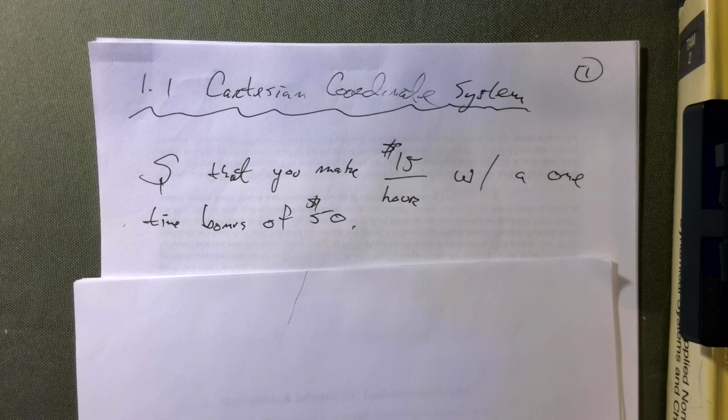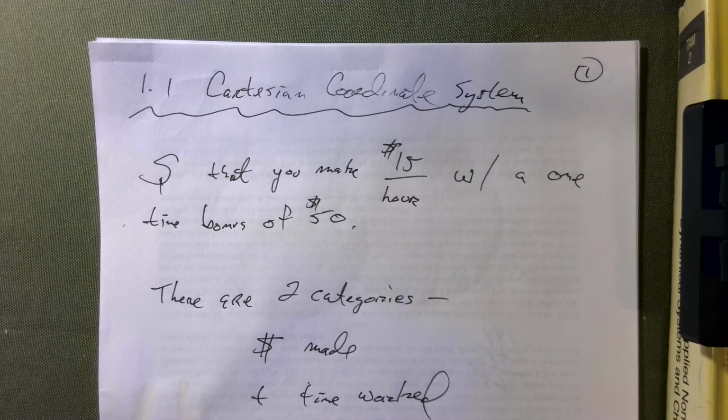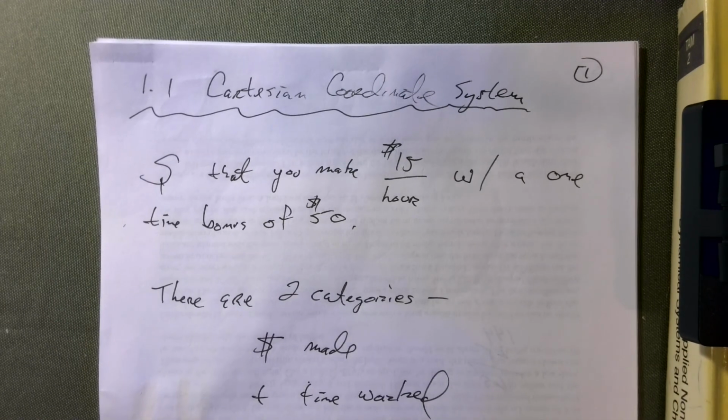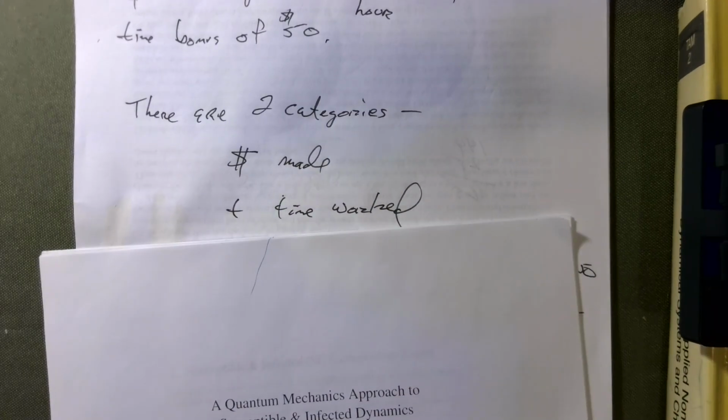And so what you'd like to do is come up with a nice, succinct formula for that situation. So we have 2 things that are going on. There's the amount of money, the dollar amount, and the time worked. So we're going to have 2 variables here, time and money.